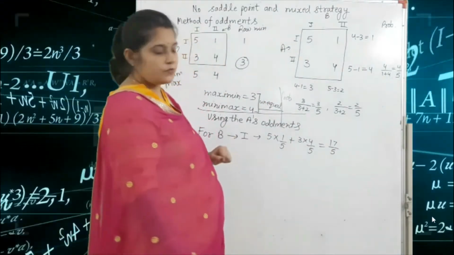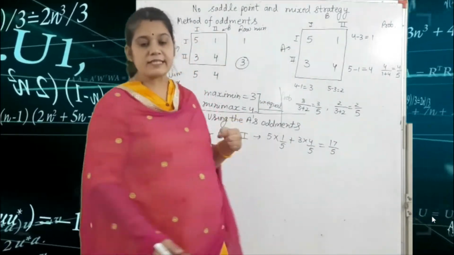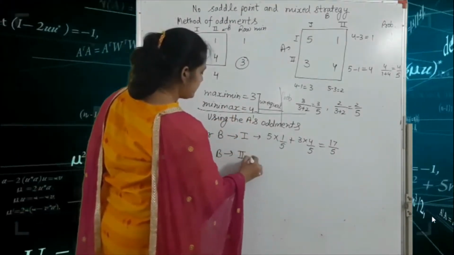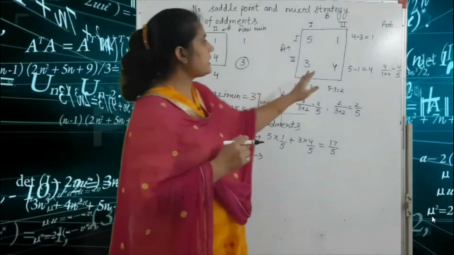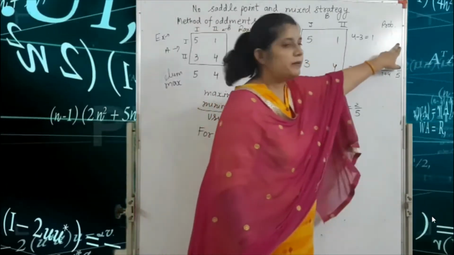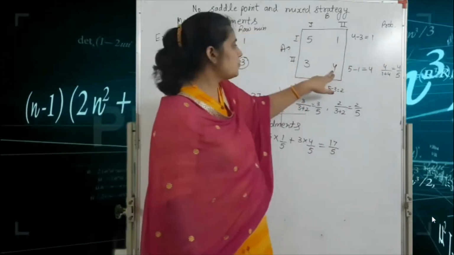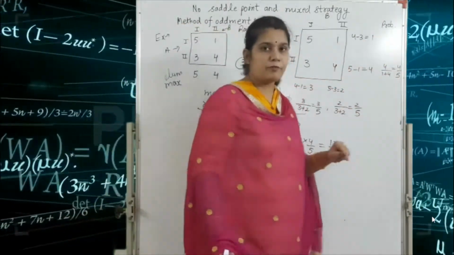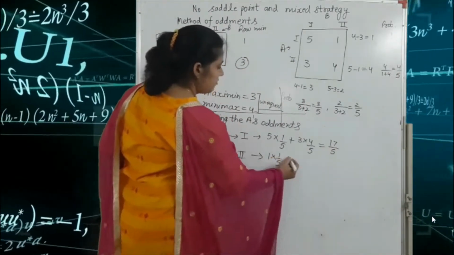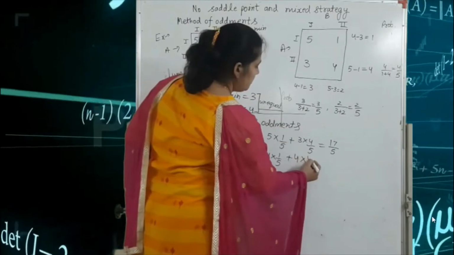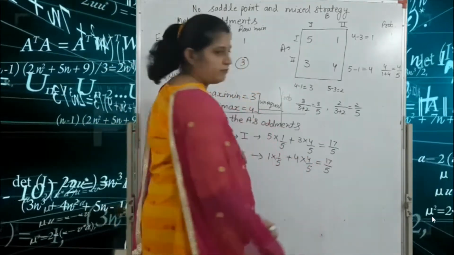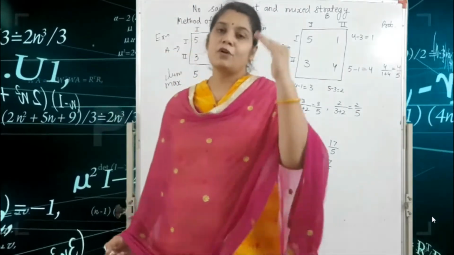Next, for B take the second strategy. The process is 1 multiplied by 1 by 5 plus 4 multiplied by 4 by 5. So here the value is 17 by 5 for A's oddments.